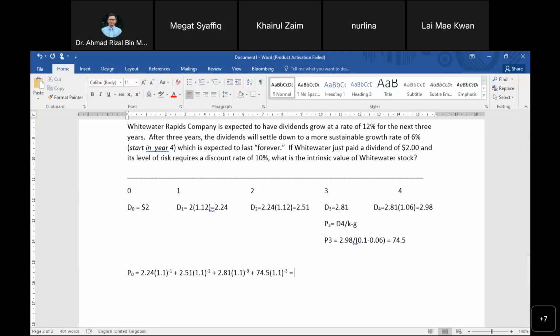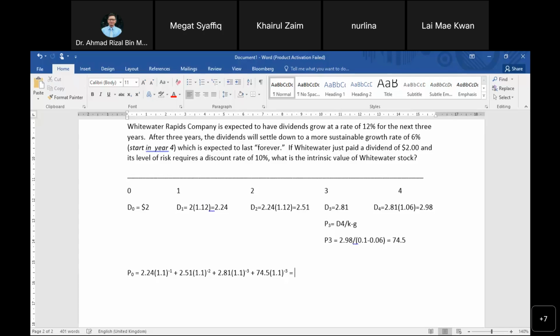You can solve this in one operation using the calculator. It's quite straightforward. So 2.24 times 1.1 to the power of -1, plus 2.51 times 1.1 to the power of -2, plus 2.81 times 1.1 to the power of -3, plus 74.5 times 1.1 to the power of -3.